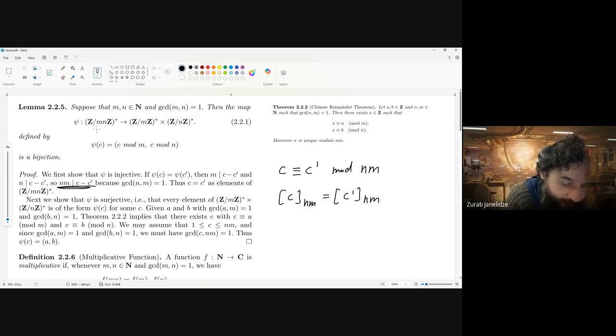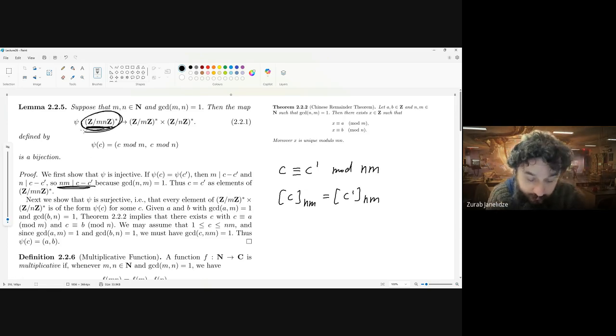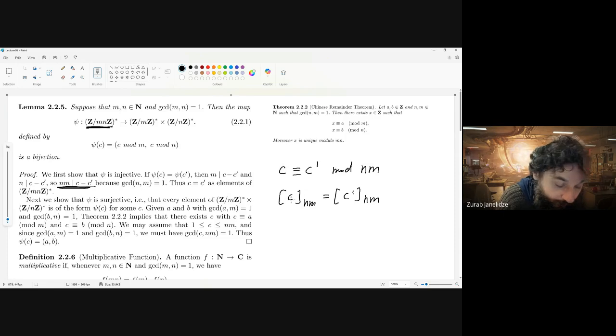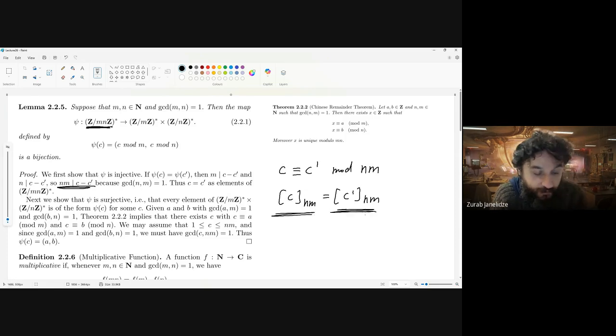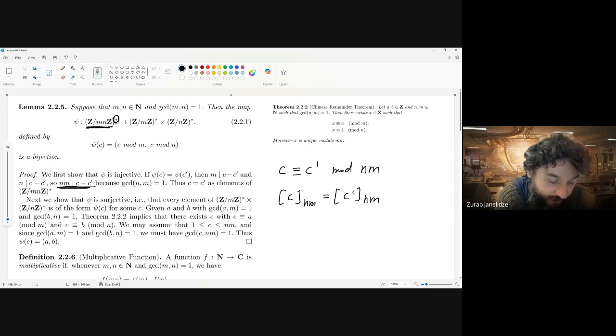And that's exactly what it means for 2 things to be equal here, because this set is the set of such equivalence classes. Not all of them. We only consider there those c's which are coprime with mn because of the star there. But that part is irrelevant. We don't need the fact that c and c prime come from the star to know that these two elements are equal.